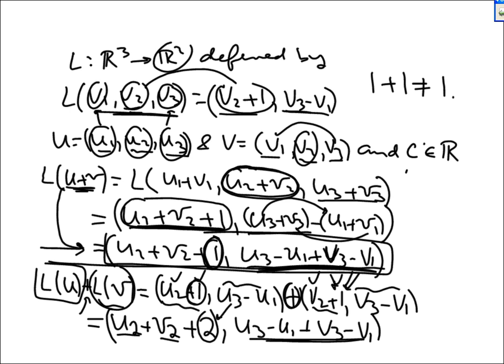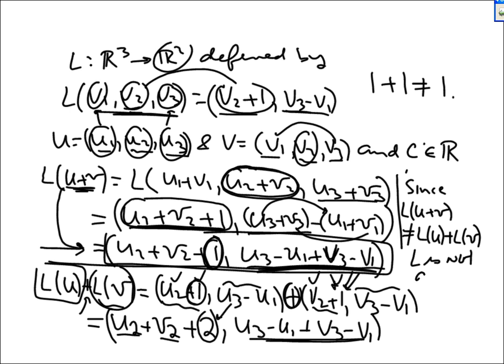It failed. Since L of u plus v does not equal L of u plus L of v, L is not a linear transformation. That should be at the bottom. So here's an example where L is a mapping, but it's not a linear transformation.